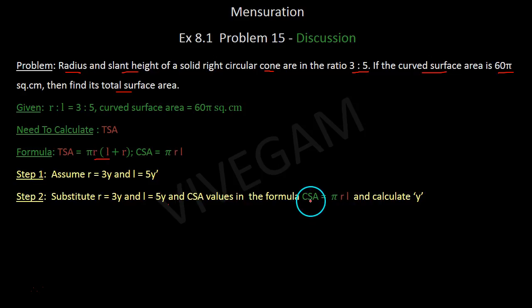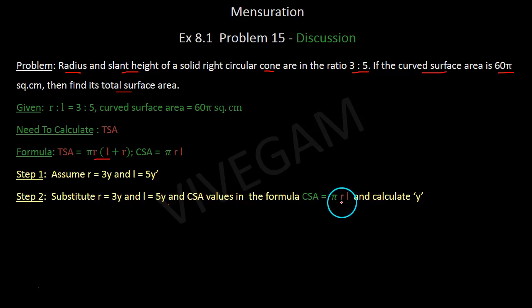So 60 pi will be equal to pi into 3y into 5y. In this equation, only y is unknown, which means we will be able to calculate y. In one equation, if one unknown is there, you should be able to calculate it. Let me repeat. So CSA is 60 pi.